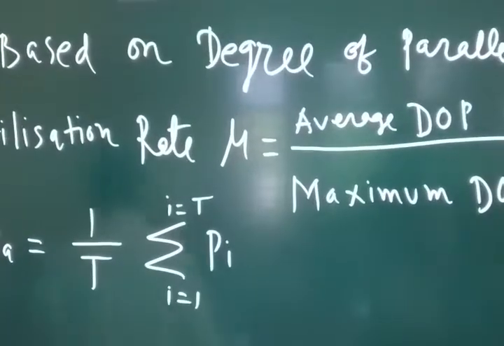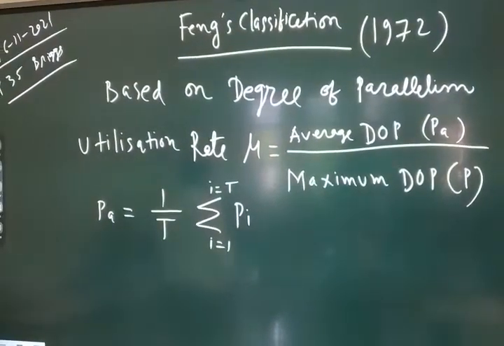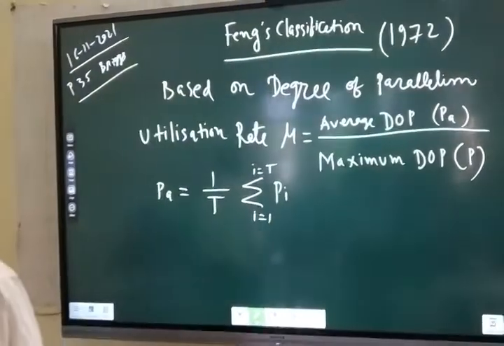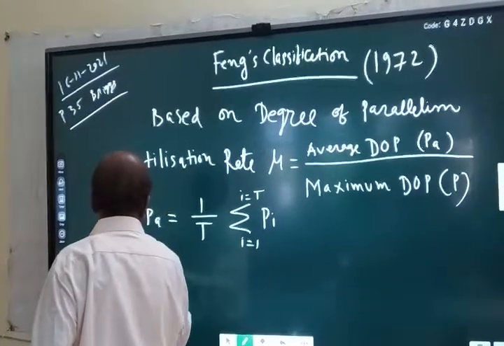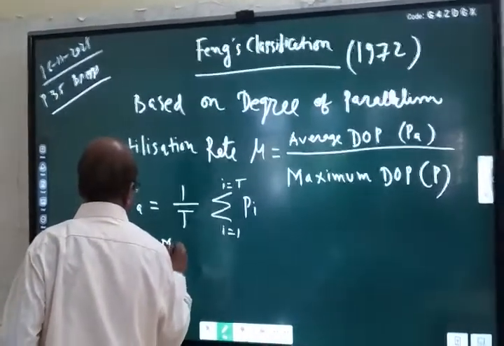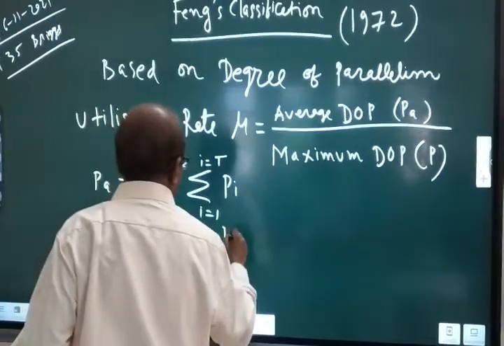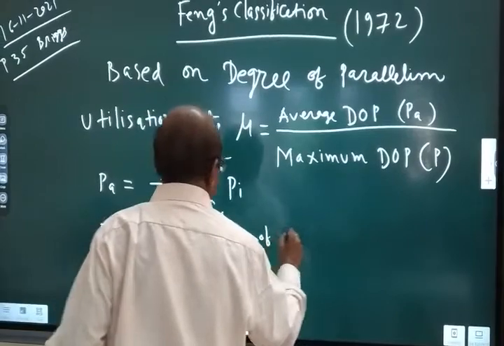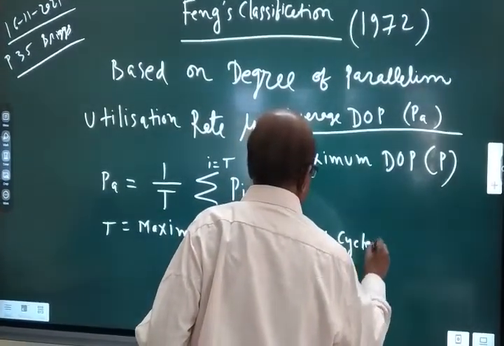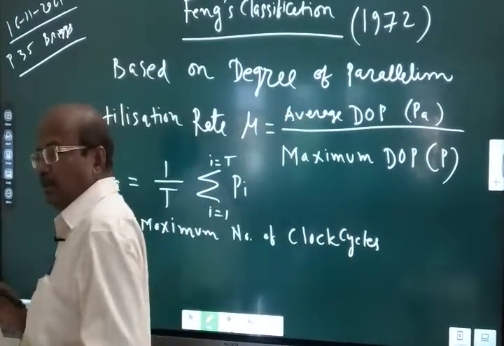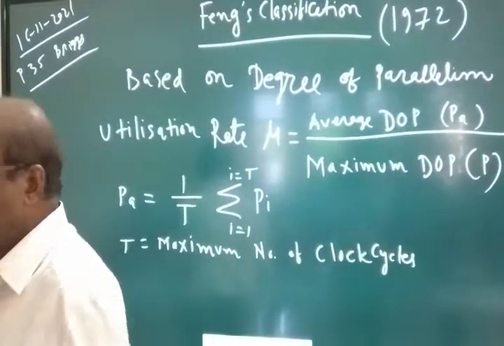Okay, where T is maximum number of clock cycles, and Pi is number of bits that can be processed in that cycle.